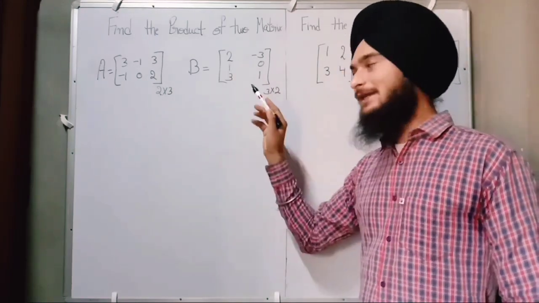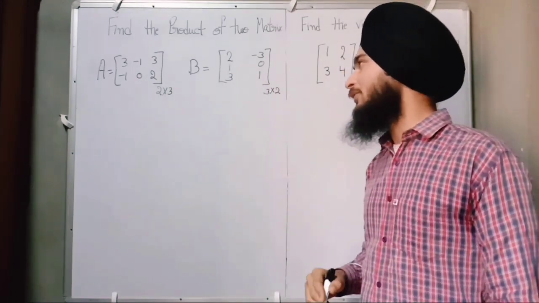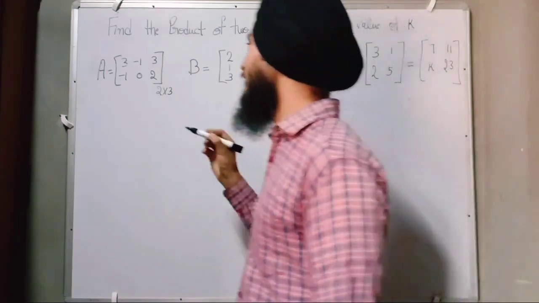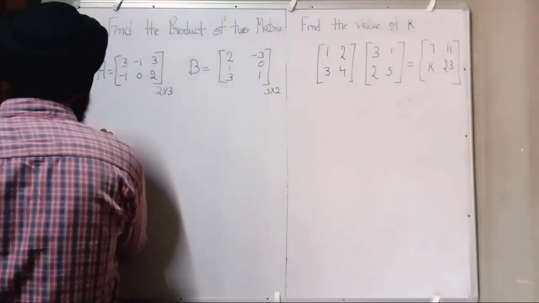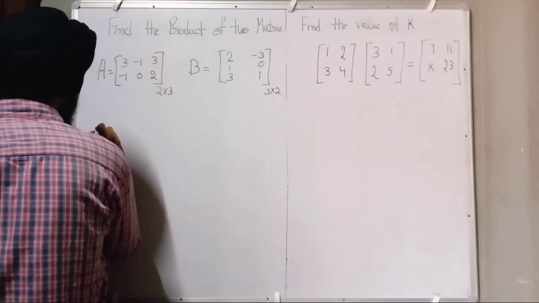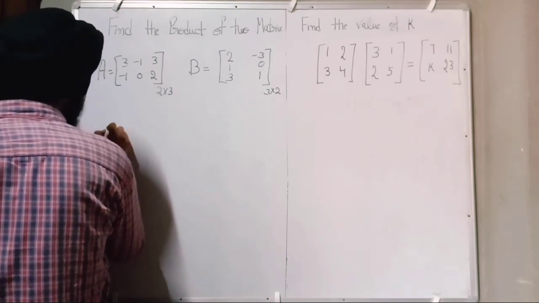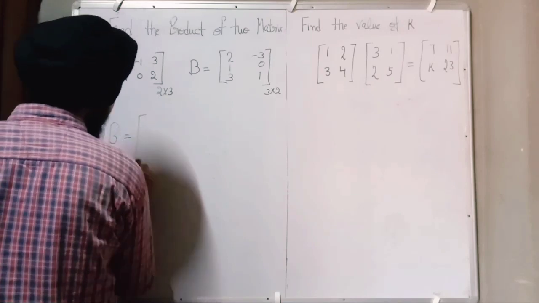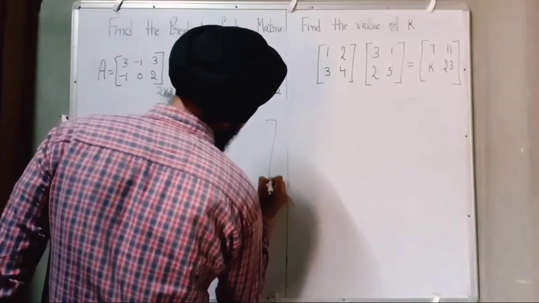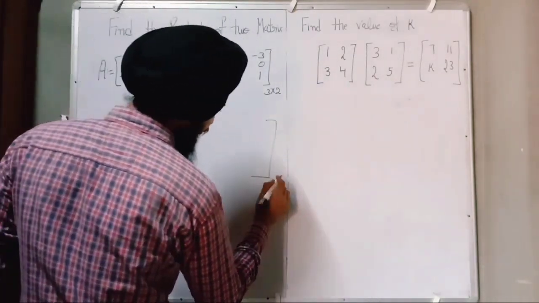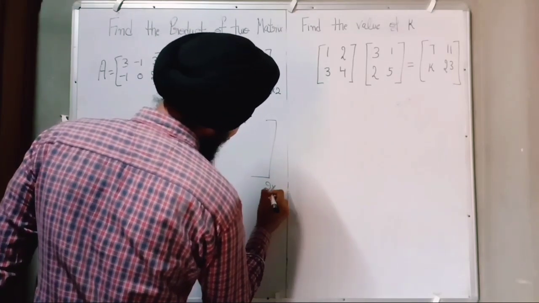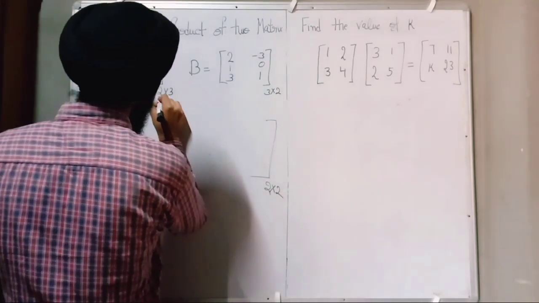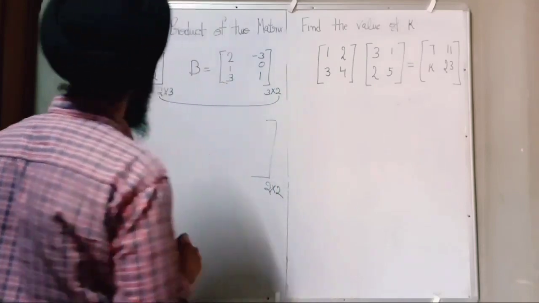The order of matrix B is equal to 3 by 2. Now we find the product of these matrices. The product is denoted by AB. The order of this product matrix is equal to 2 by 2.